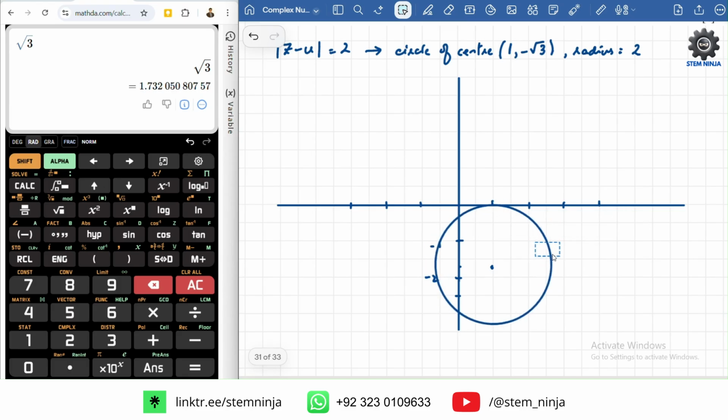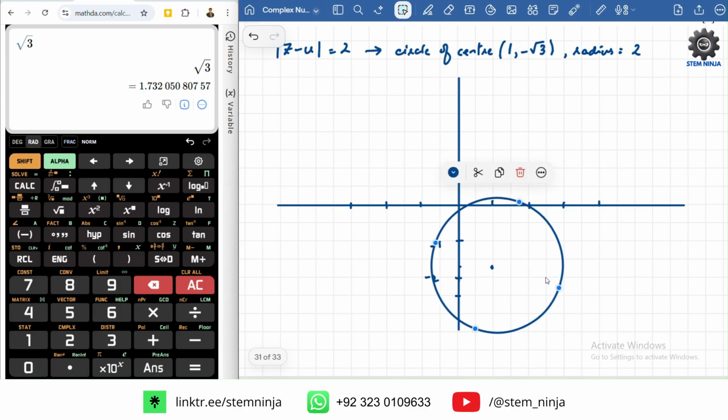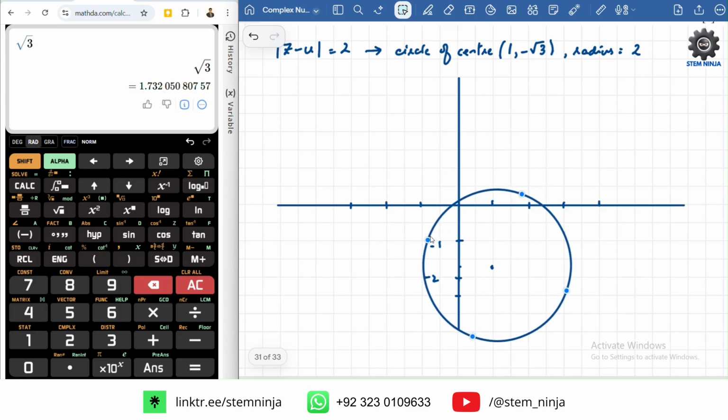So roughly about this, right? And as you know, this is exactly how this would look.